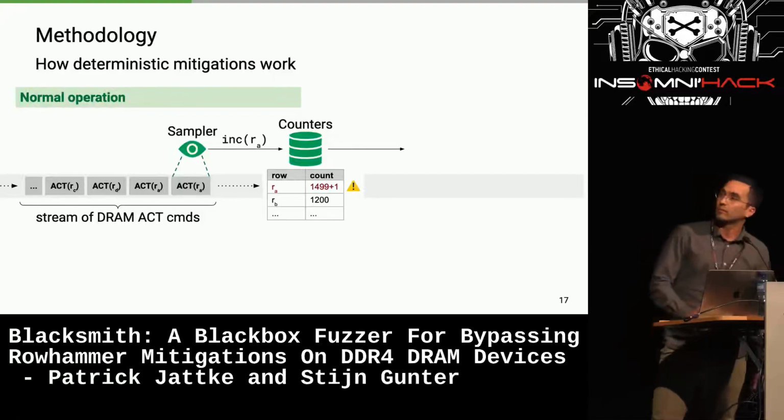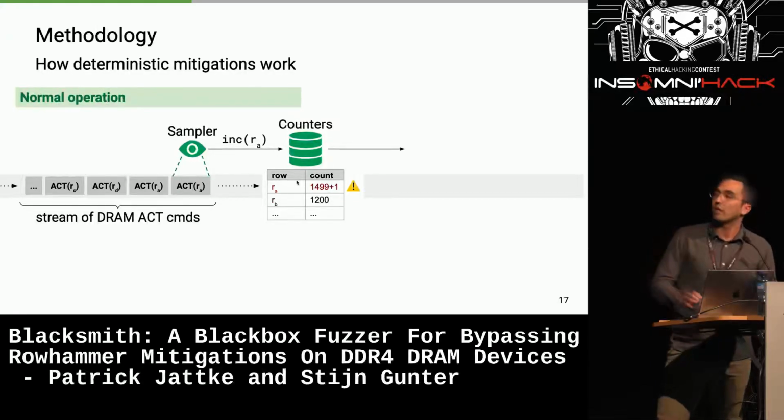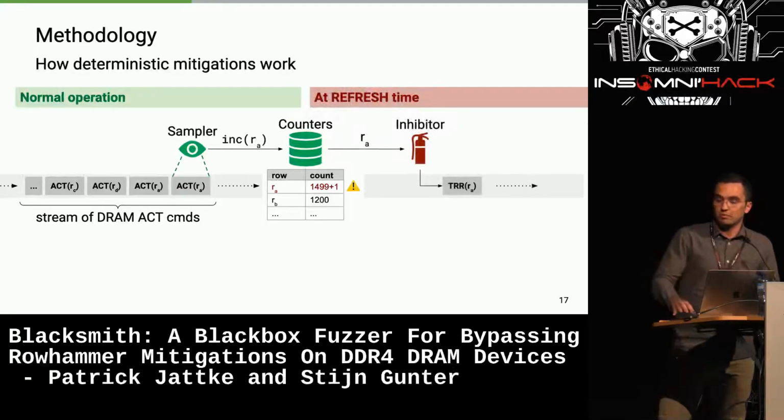Here you can see how a deterministic mitigation works. The idea is that we have a component called the sampler that basically samples some of these accesses, these activate commands, and then has a kind of counter that keeps track of how often these different rows have been activated. If the counter reaches a certain threshold, then you have to preventively refresh the row before it can trigger a bit flip.